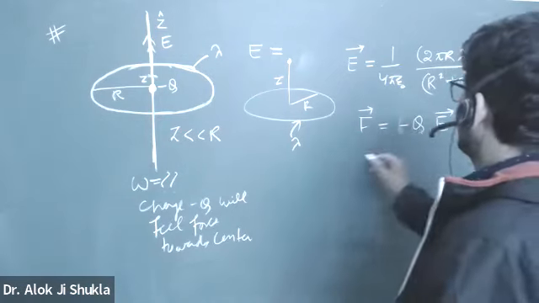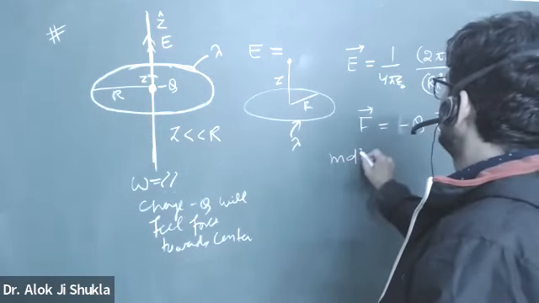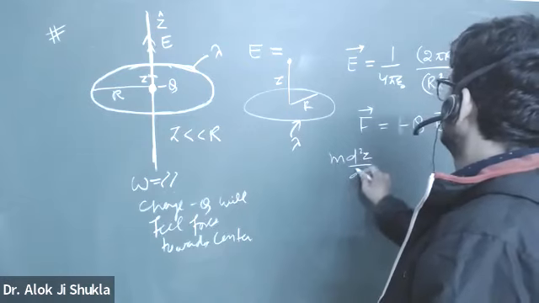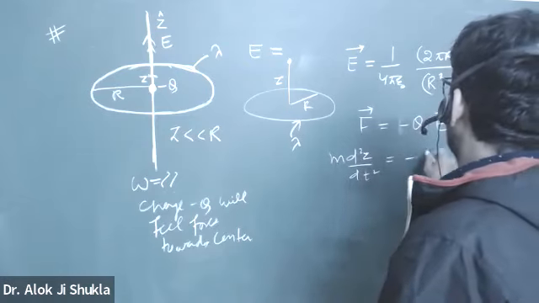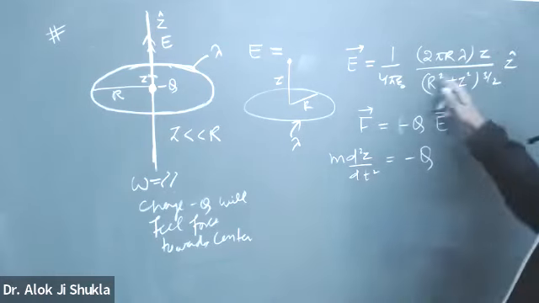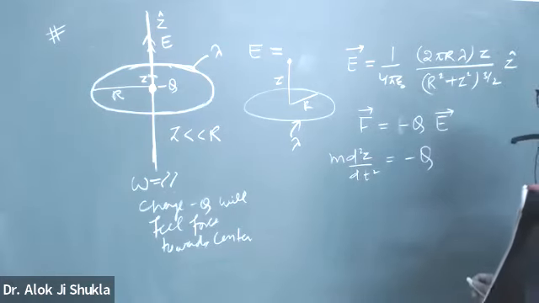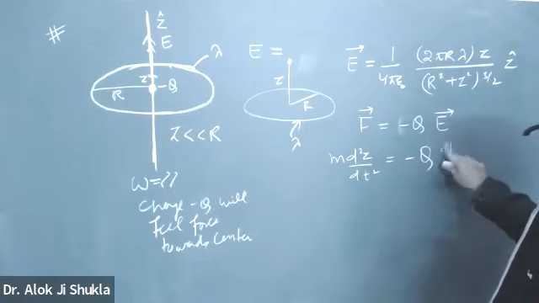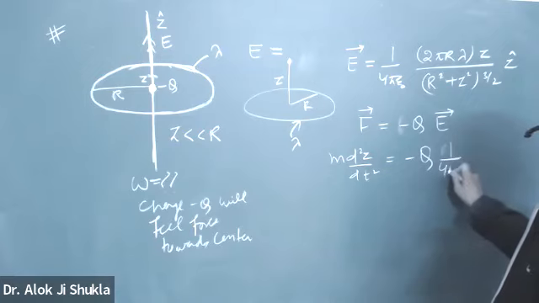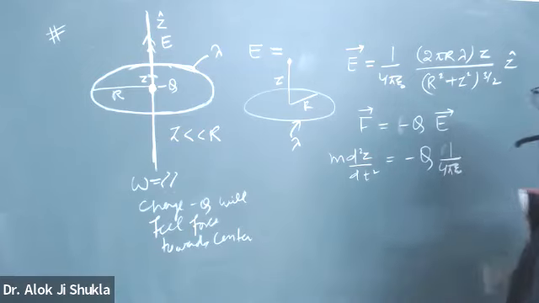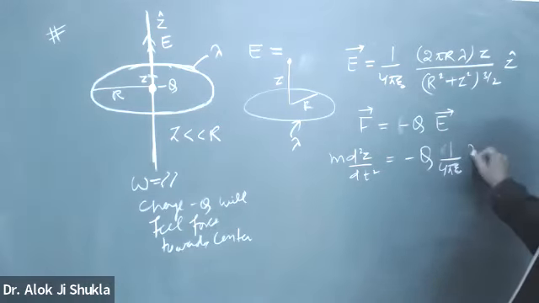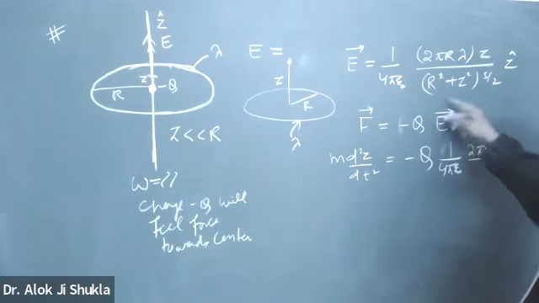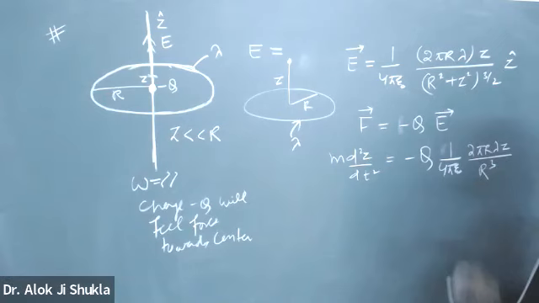So right here, force is equal to, bolo, M d2 Z by dt2 is equal to minus Q. What is this quantity? 1 by 4 pi epsilon naught. Z is very small. So I will write 2 pi R lambda Z by, here Z is very small, so it will be R cube.